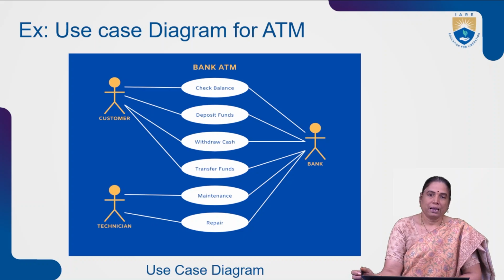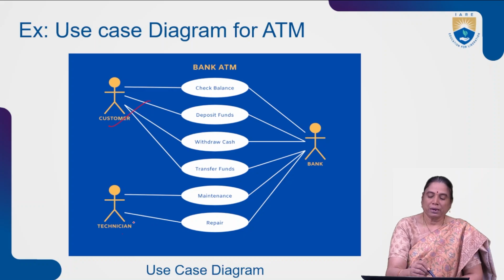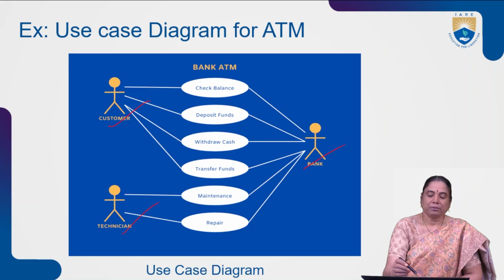So here for the ATM system, in the use case diagram, three stakeholders are involved: the customer, technician and the bank. The customer can interact with functionalities like checking balance and funds, withdraw cash, and transfer funds.